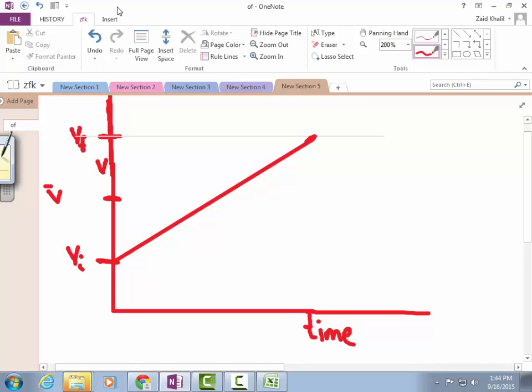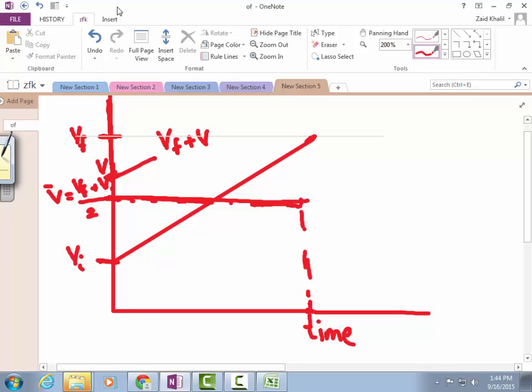The midpoint. So in other words, V bar is equal to what? VF plus VI over 2. I don't know if you can see that. So I'm going to draw this point. So that is VF plus VI over 2.